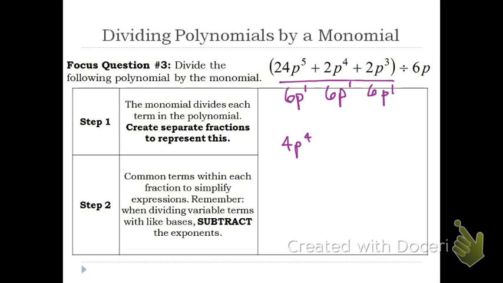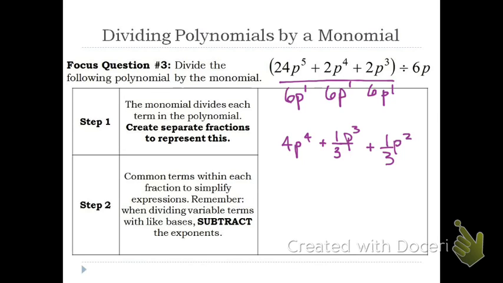With the 2 over 6 though, don't be afraid to get a fraction coefficient. I'm going to put 1/3, and then, just to help us, let's put 1 over 3 with p to the third on top. And then we have plus 1/3, and then p cubed divided by p to the first leaves us with p squared.